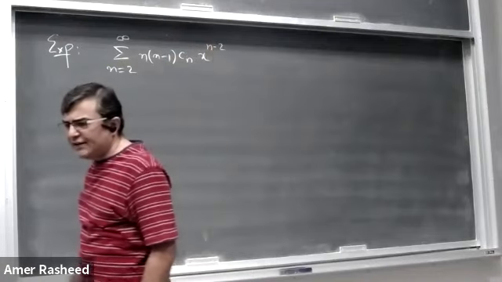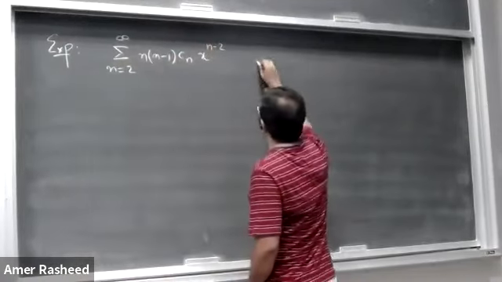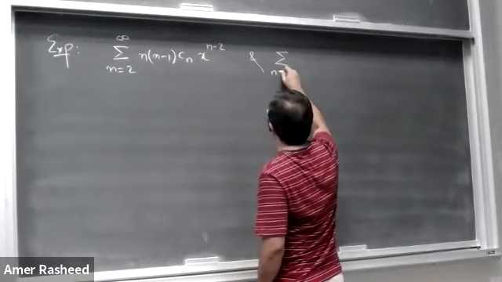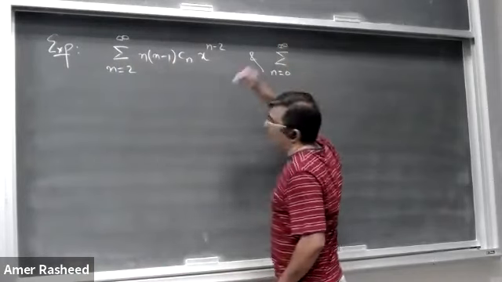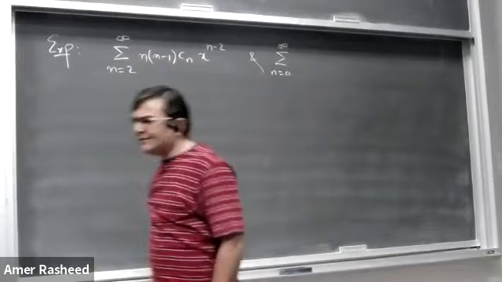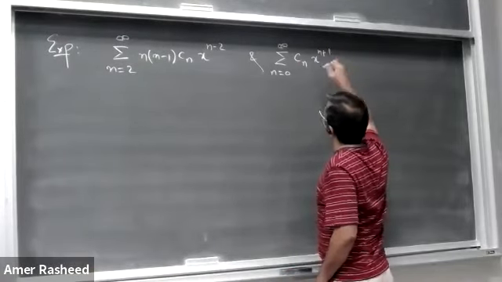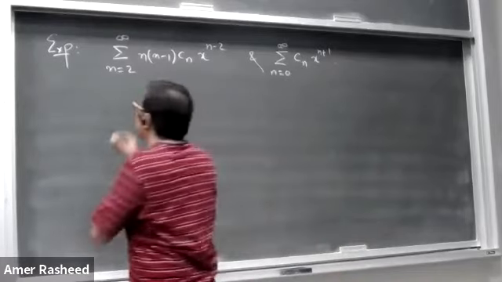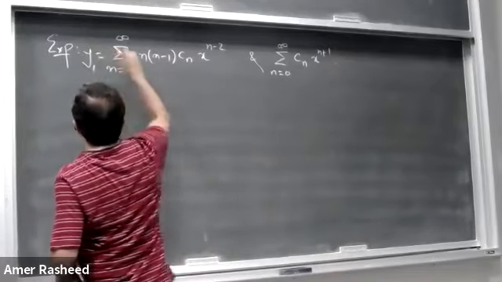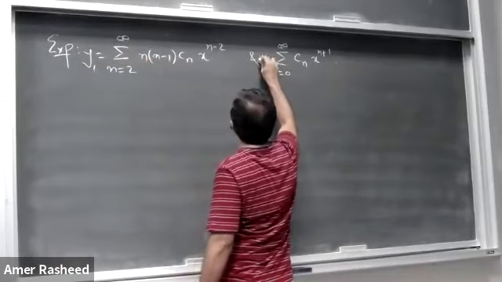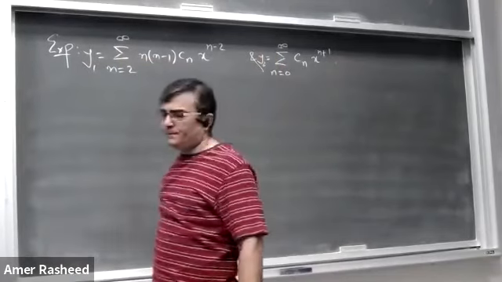The other power series is summation n from 0 to infinity of cn x to the power n plus 1. Now we have two power series, y1 and y2. We need to add them.